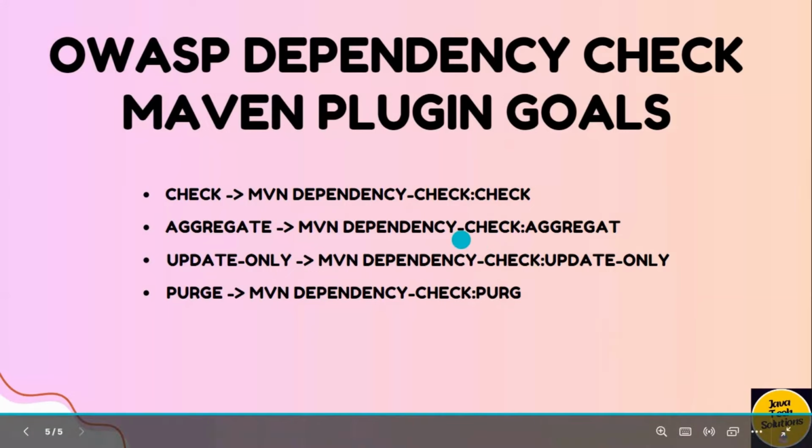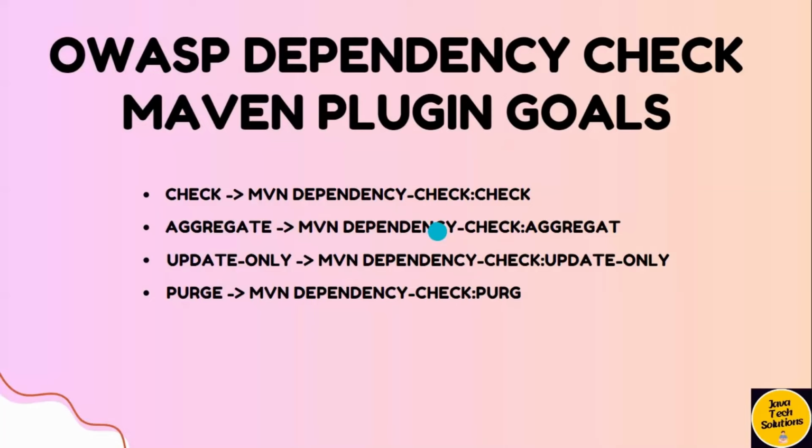Aggregate will run the aggregate goal and generate a single report for all the child projects. Update-only will update the local copy of the NVD from NIST. Purge will delete the local copy and then fetch a refreshed one.